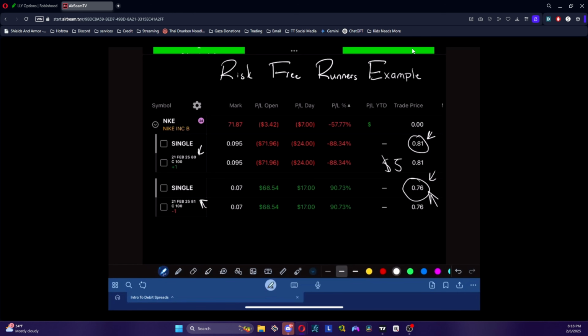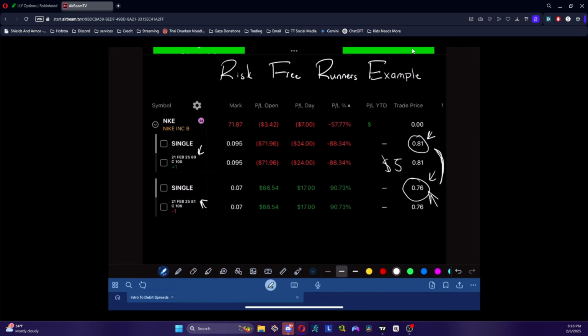Now the max profit, obviously, is going to be 100 minus 5, because 100, where'd I get 100 from? That's the difference of these strikes times 100. And then you subtract $5 from it because that's the difference between these two options. So the max profit would be $95.